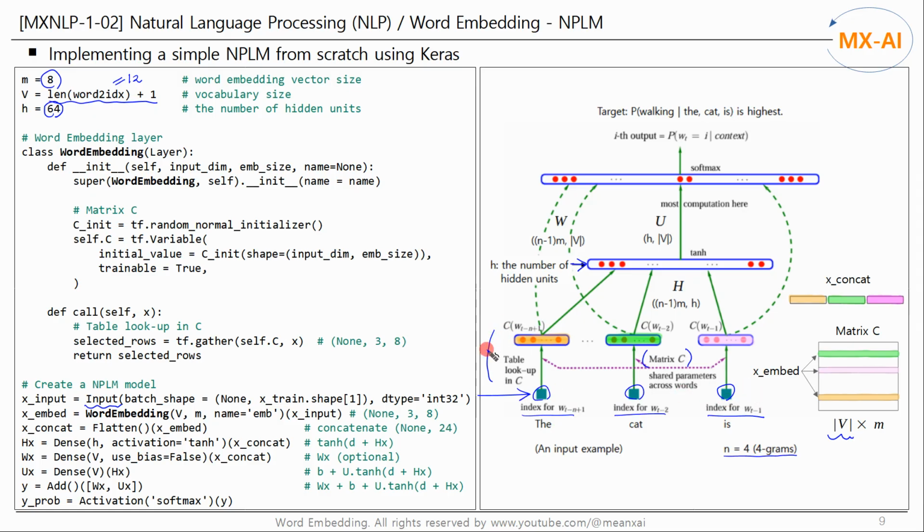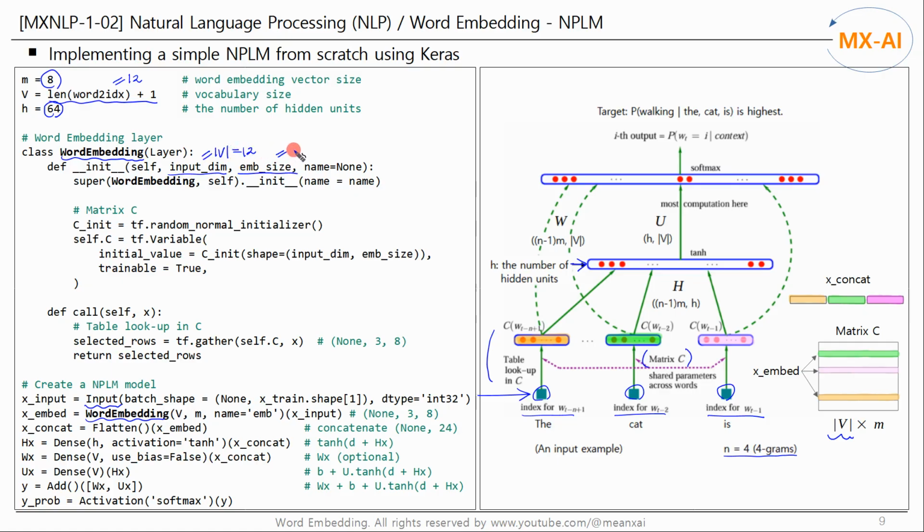Next, we create a word embedding layer. The word embedding layer can be implemented using a custom layer in Keras as follows. The input dimension and embedding size are fed into this layer. The input dimension is the vocabulary size, which in our case is 12.